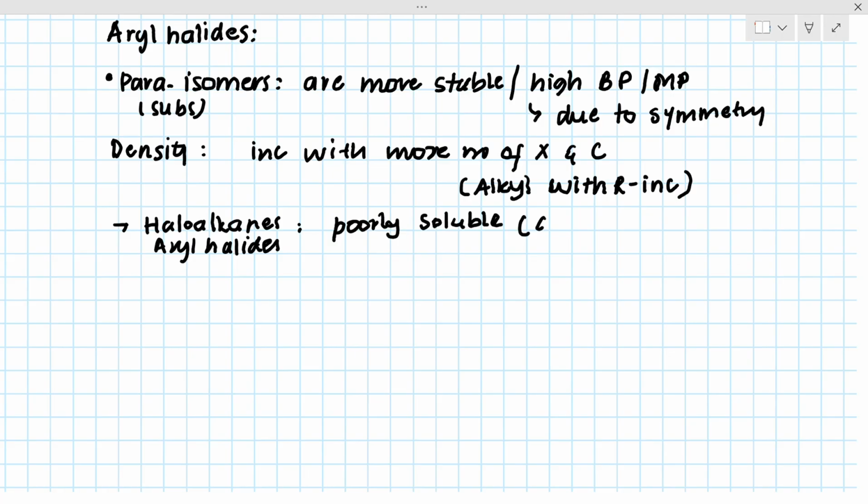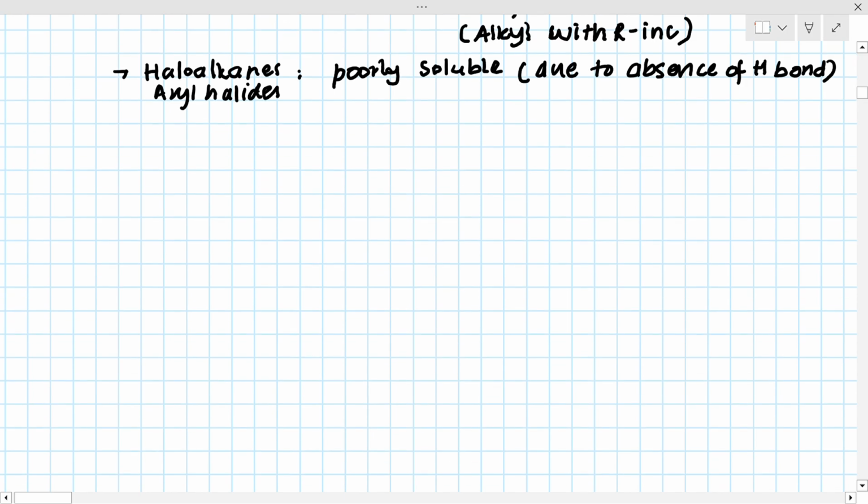They're poorly soluble due to absence of H bond, that is hydrogen bond. Due to absence of hydrogen bond, they don't have much solubility with water, because water cannot form hydrogen bond with the haloalkane, and hence it cannot have that great solubility compared to the parent hydrocarbon.